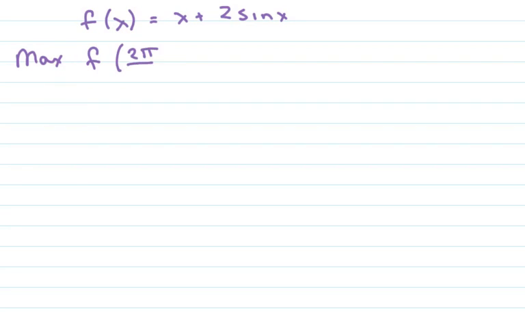So we have f of x equals x plus 2 sine of x. And we're plugging in where we have a maximum at 2 pi over 3. So that equals 2 pi over 3 plus 2 sine of 2 pi over 3.